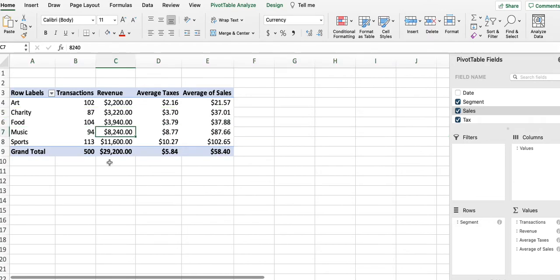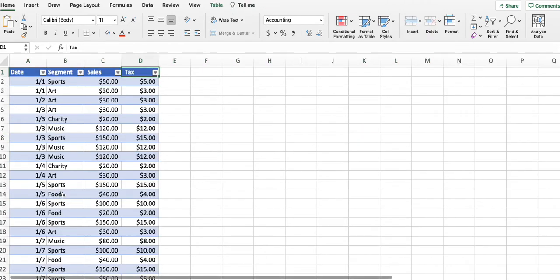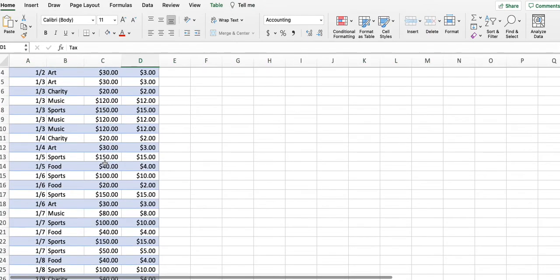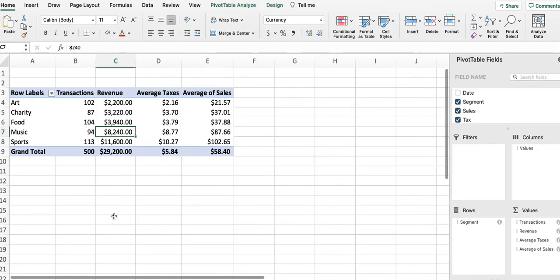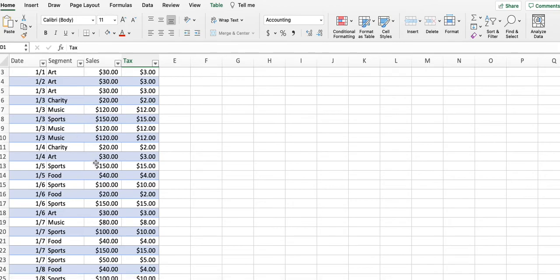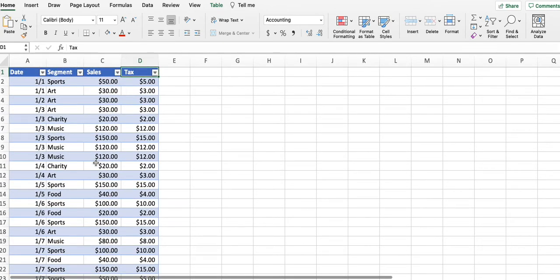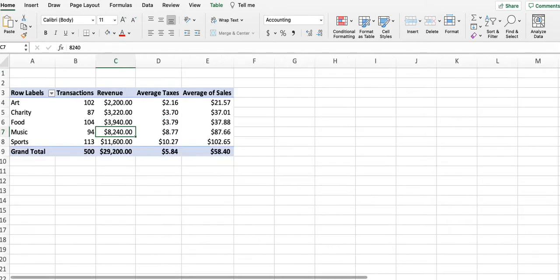So these are ways that you can take a lot of data, like we have here, 500 lines worth of data, and very quickly put it into a report that helps you make decisions. So let's just say you had all of this data to start out with right here, and someone said, you know, we've had a lot of people who have quit. We need to focus the few people that we have left working for us. We need to focus their attention on the areas where we're most profitable.